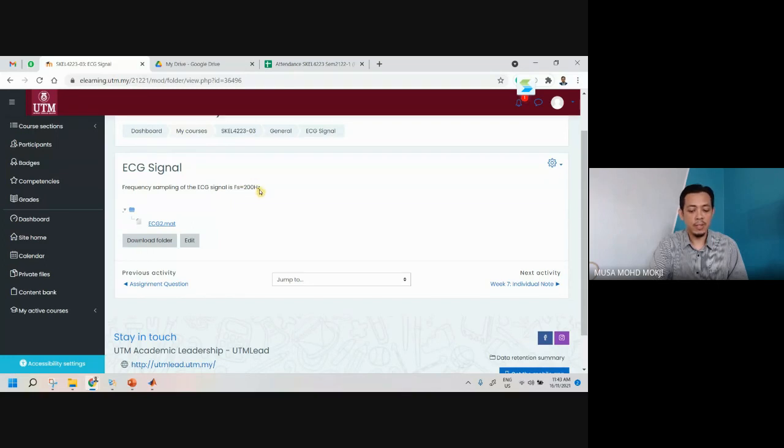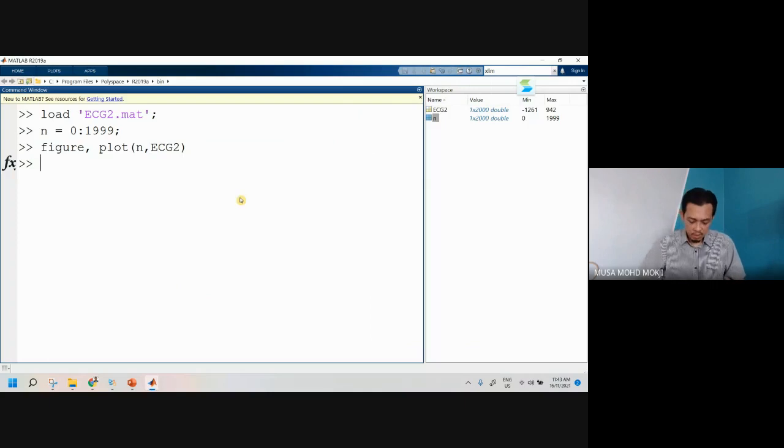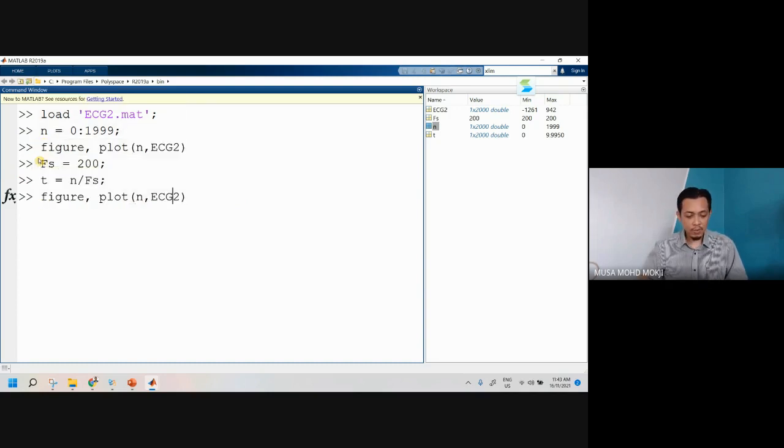Whenever you have a signal, you should know what the fs is. So fs equals 200 Hertz. And t is just n over fs, and we already have our n. That's simple. Then let's plot that again, not with n but now with t, so that we can see the x-axis in seconds.